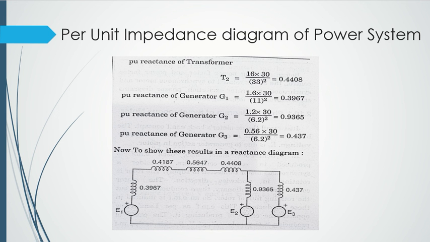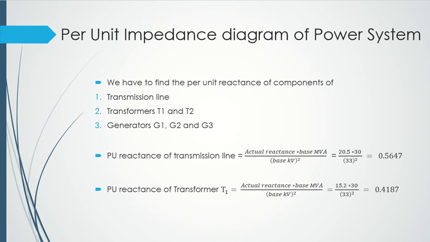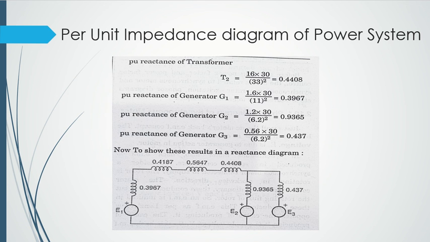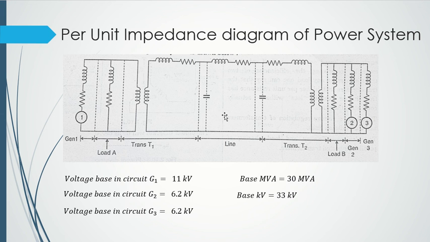So what was the transformer T1's per unit reactance value? Come here and see. The per unit reactance value of transformer T1 is 0.4187, right? So we will mention 0.4187 here.